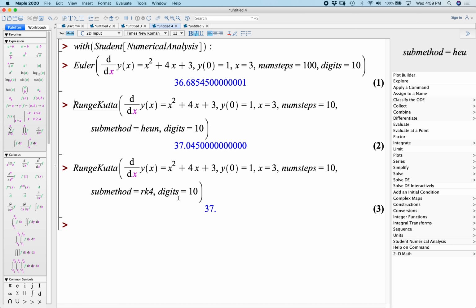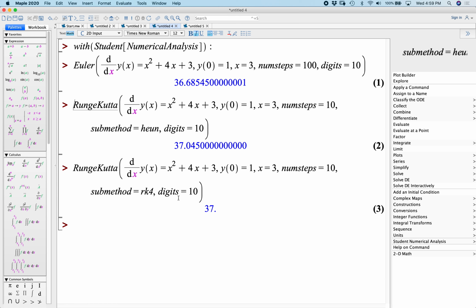raised to the second. If I'm solving interactively, with the initial condition y(3) equal to 1, and solving symbolically, this is what we have here.